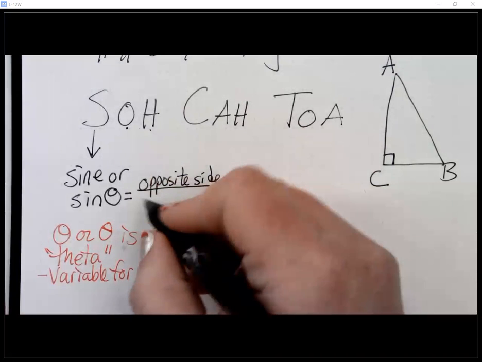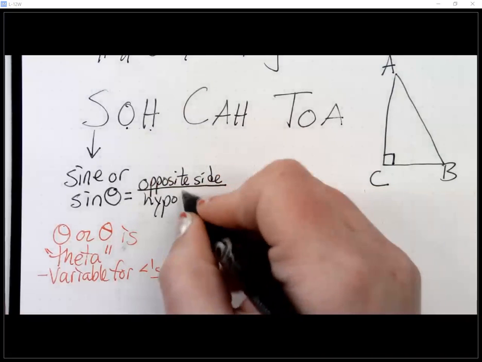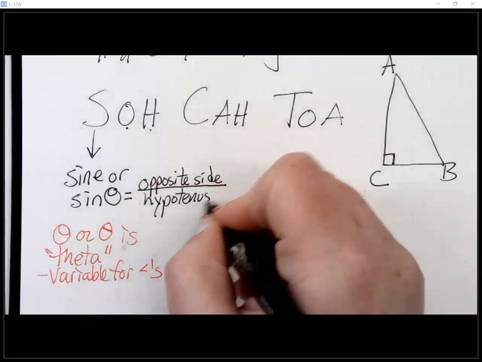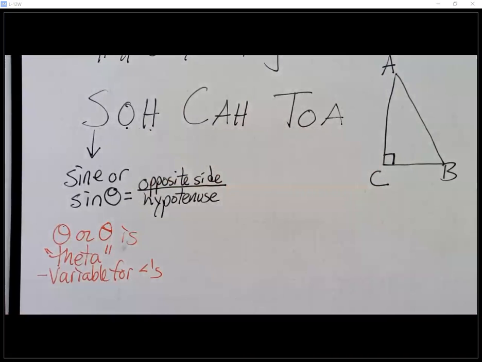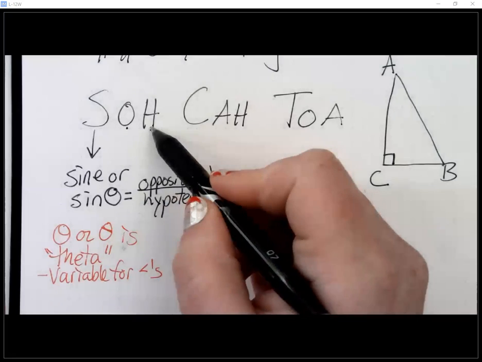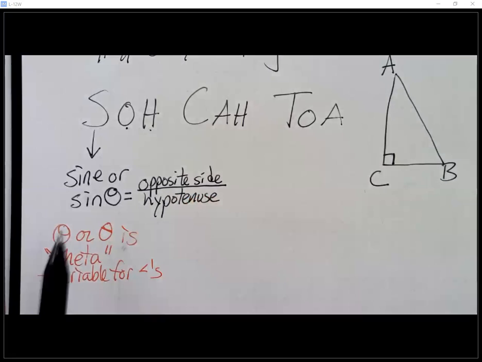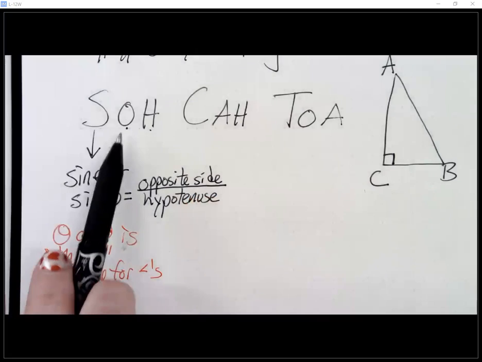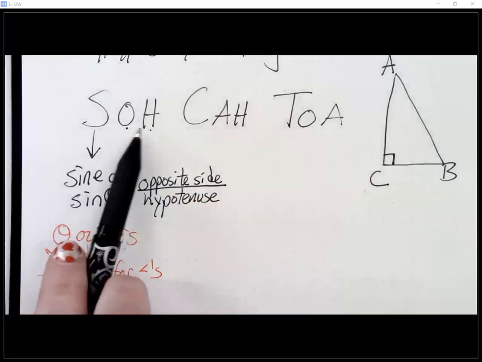Hypotenuse. I know right now, none of this makes any sense, and you're like, I have no idea what you're talking about. Trust me, it will make sense in just a few short minutes. So that's how this chunk of the word helps you out. It lets you know sine is going to be the O, opposite side, over H, the hypotenuse.